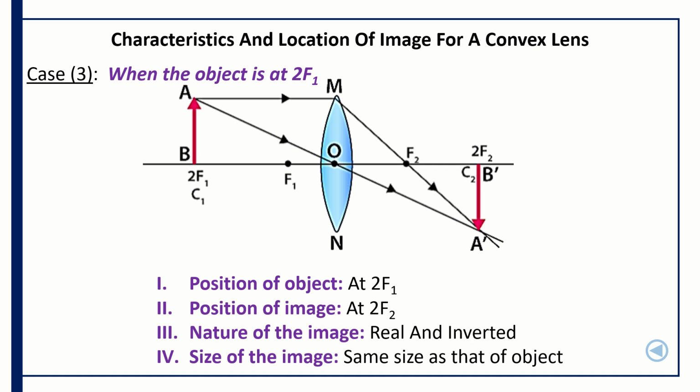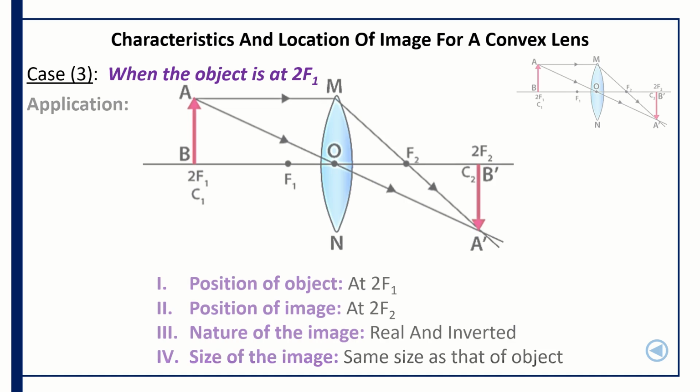So we get a real and inverted image here. Now what is the size of the image? The size of the image is the same as that of the object. So if we want the image to be the same size as the object, we should keep the object at twice the focal length of that convex lens.